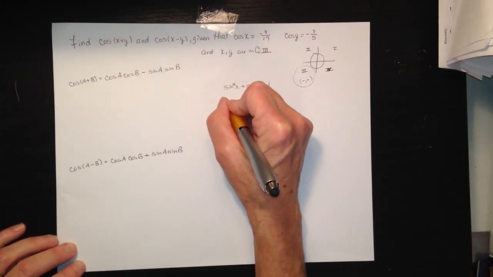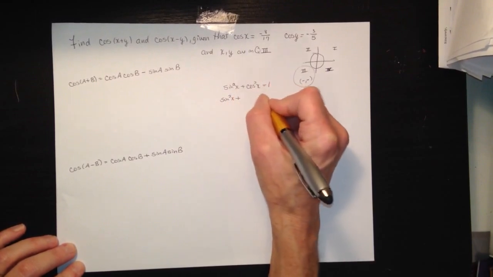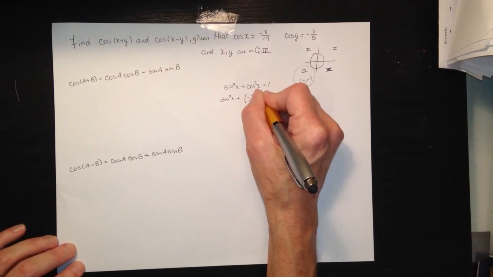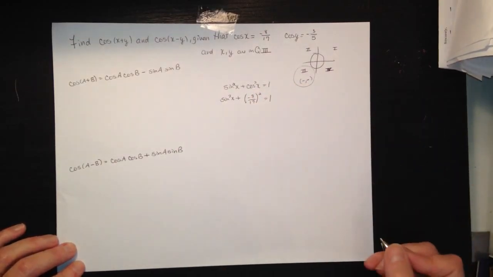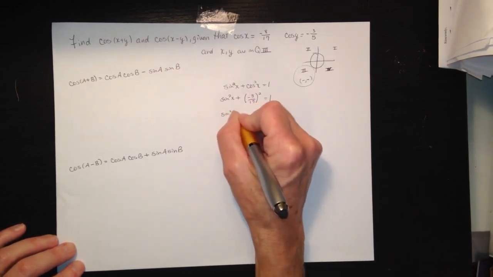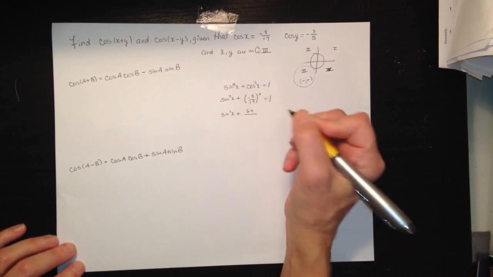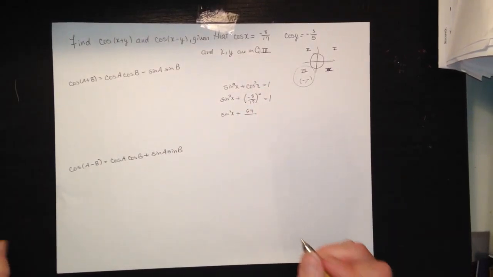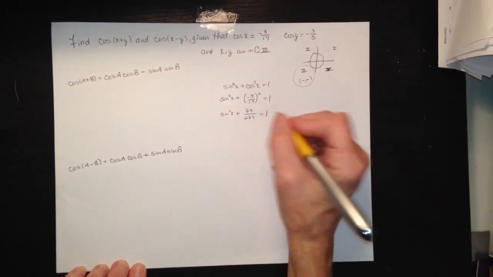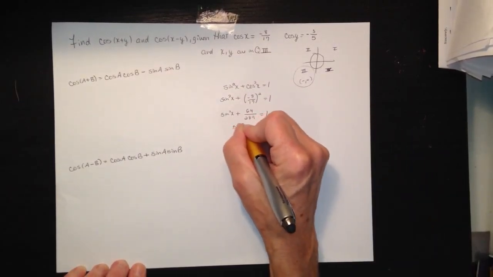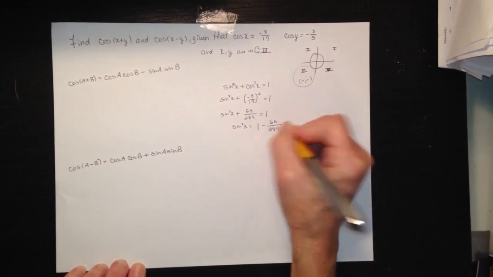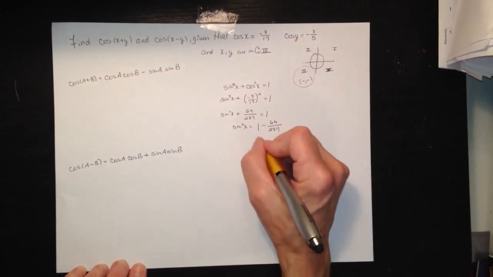I'm going to use this one to find sine squared of x. So I'll get that the sine squared of x plus cosine squared of x, which is negative 8 over 17 squared, is equal to 1. I'm going to solve this equation for the sine of x. So sine squared of x plus 64 over 17 times 17 is 289 is equal to 1. I'm going to subtract 64 over 289 from both sides. 1 minus 64 over 289. I'm going to make 1 into a fraction by putting it over 1.